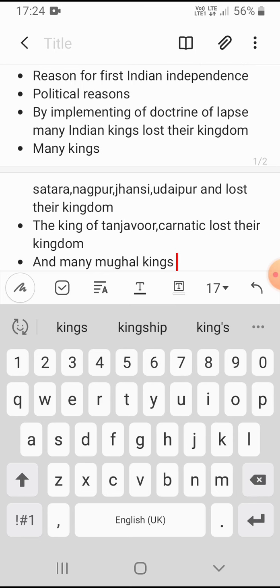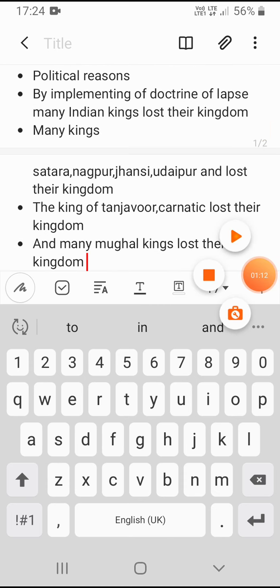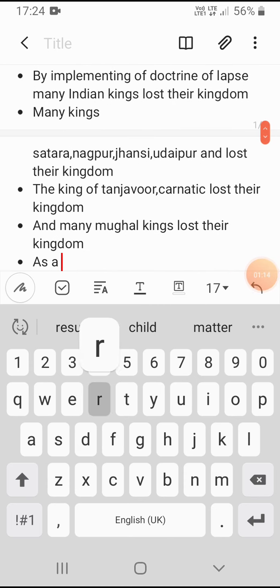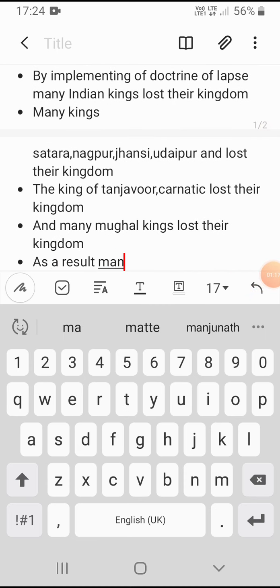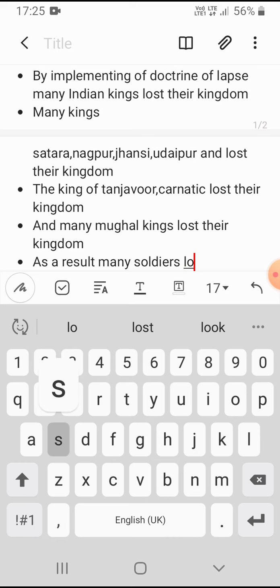As a result, many soldiers who were working under those kingdoms lost employment.